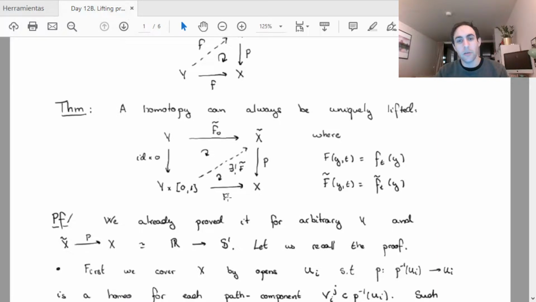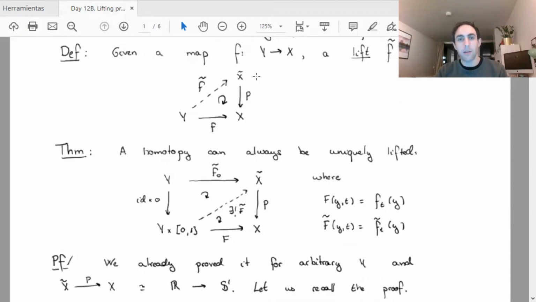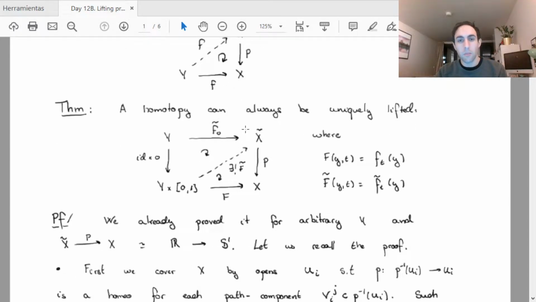Now, I want to lift F, and I'm given an extra piece of data, which is a map F tilde 0 that is a lift already of F0. Again, I don't know how to lift arbitrary maps yet, and in fact you won't be able to do it in general, as we shall see. But if you lift the first one in the homotopy, then you can lift all the others, and this is what it says.